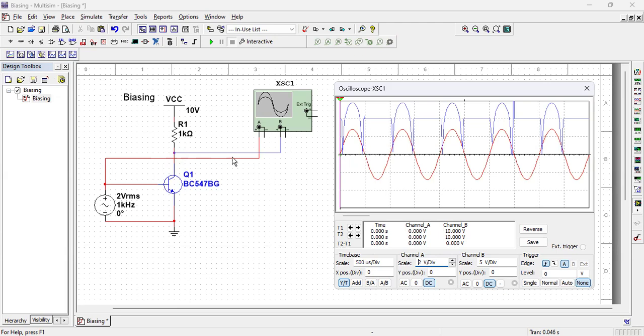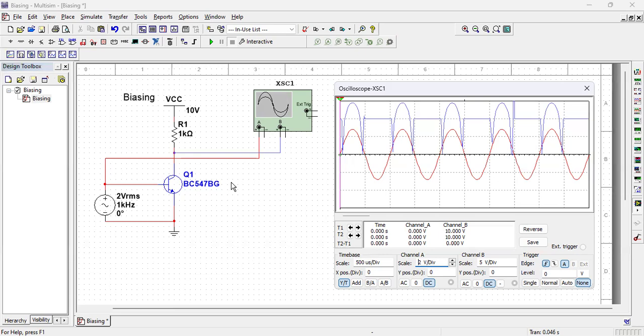And otherwise, when this sinusoidal waveform, this red line, is negative, then the base emitter junction is reverse biased and no current flows through the base emitter, and obviously the current through the collector is also zero, right?